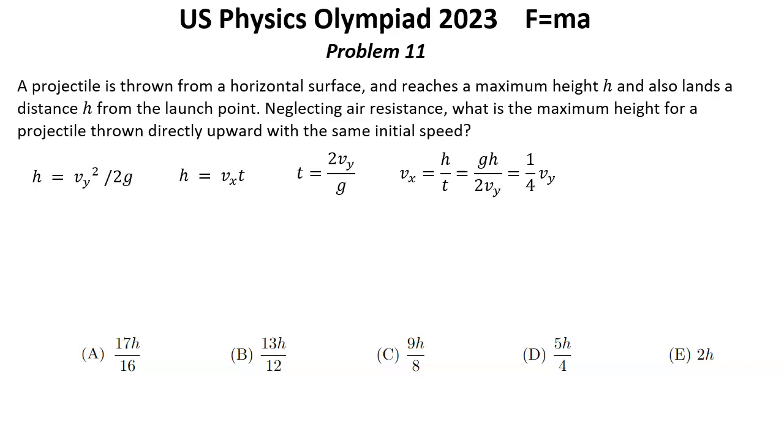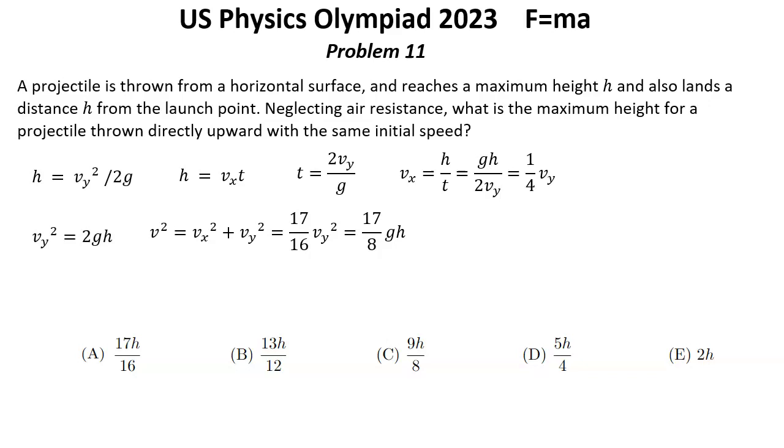So from the first equation we have vy squared equals 2gh, and the total speed v squared equals vx squared plus vy squared, which is 17 over 16 vy squared, which is 17 over 8 gh.